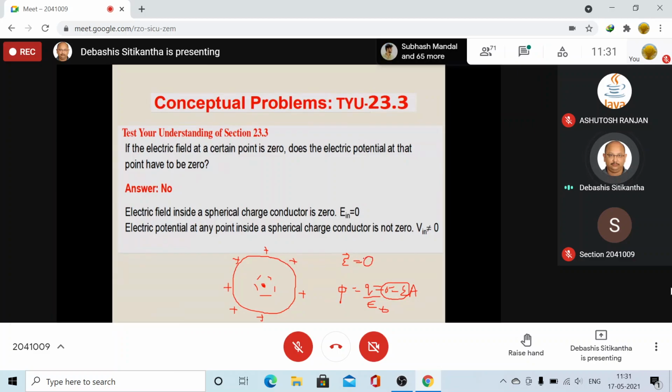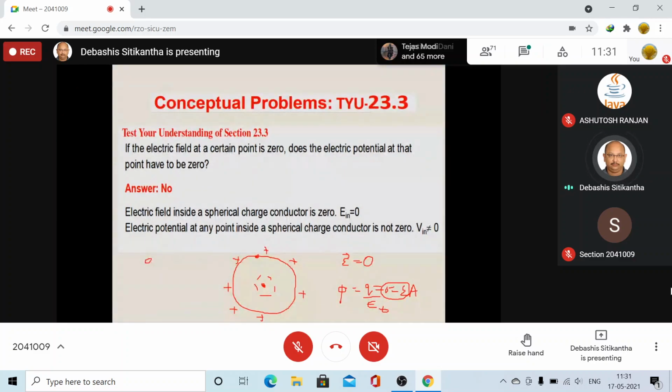Next part is whether the electric potential inside a charged conductor is going to be 0. No, it is not going to be 0. Why? Because I have told you that the electric potential at any point inside the charged hollow conductor is always equal to that on the surface.